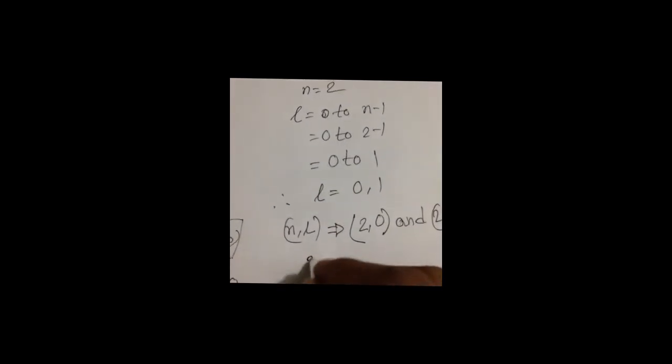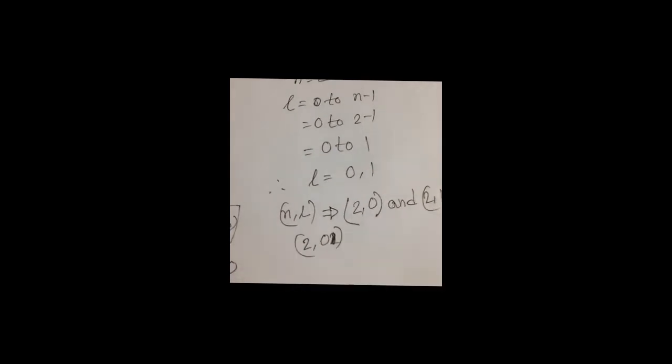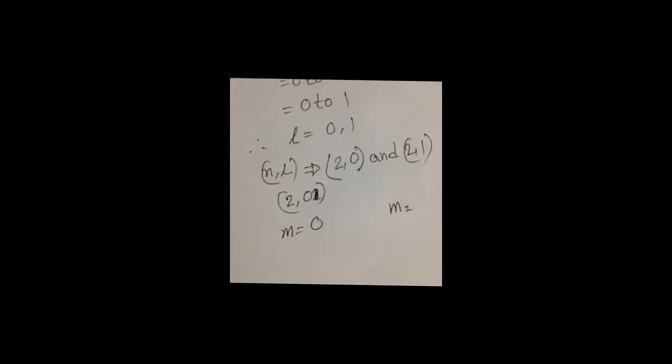For 2, 0, we obtain m equal to 0, and for 2, 1, we obtain m equal to... The value of m is always defined from minus l, 0, to plus l.